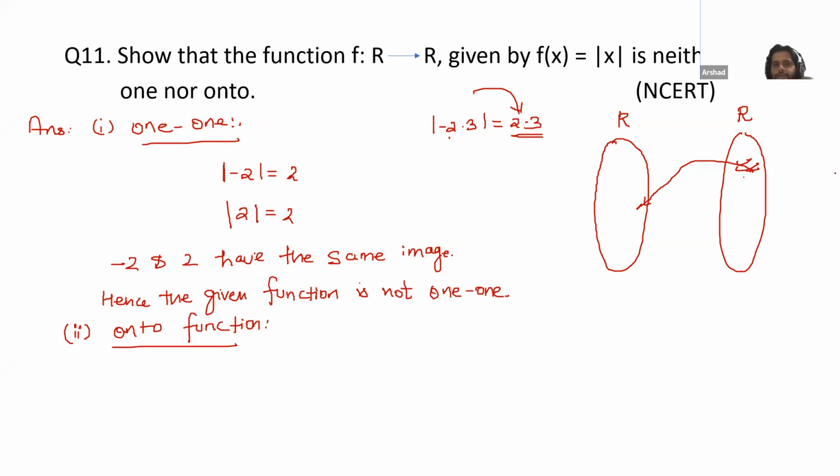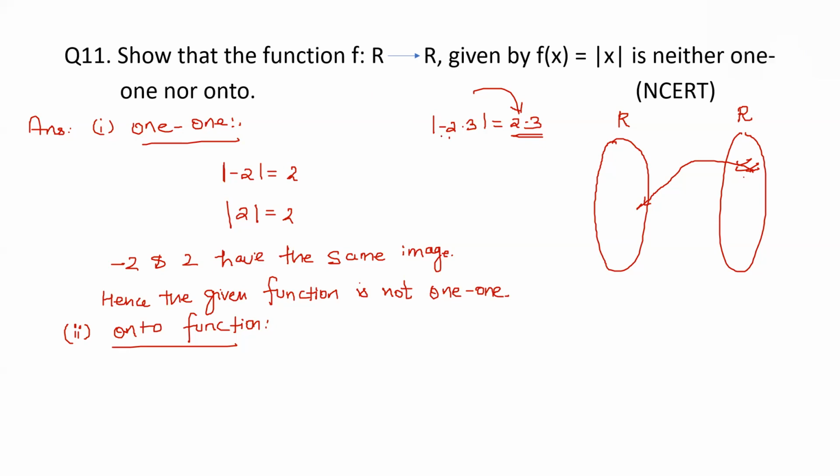Which elements in the second set do not have their pre-images? Please analyze it this way: if you put any value, negative or positive.